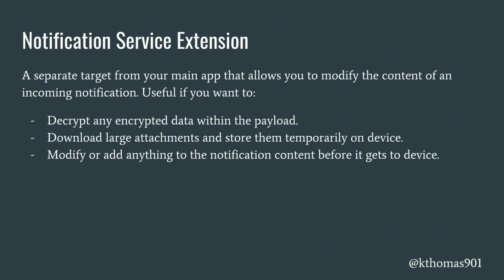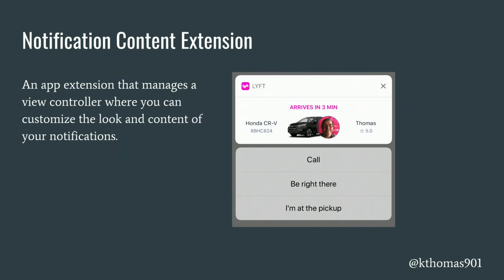For the purpose of this talk, we'll be focusing more on the notification content extension, which allows you to customize UI. This was also announced in iOS 10. The content extension is a separate target from your app, which contains a view controller that allows you to customize the look of the notification.